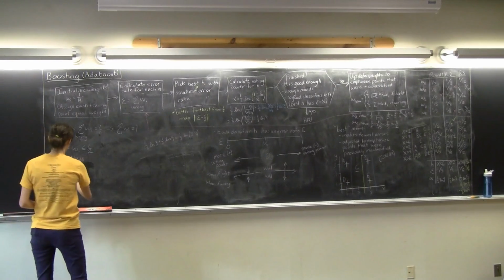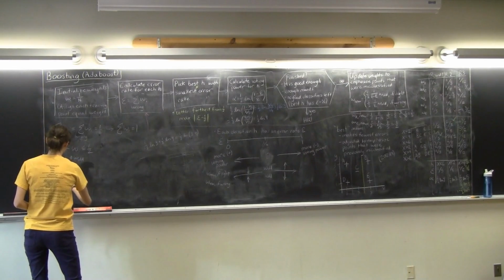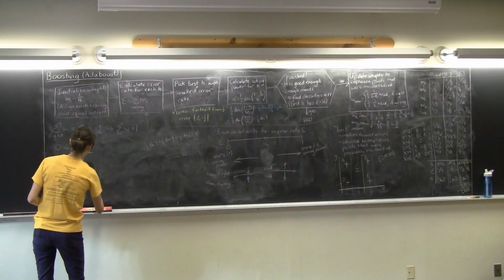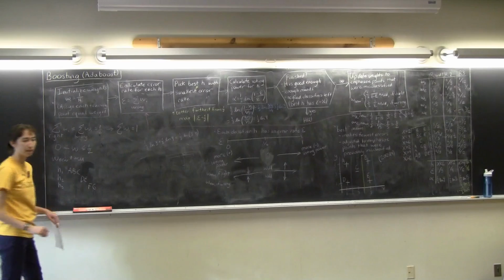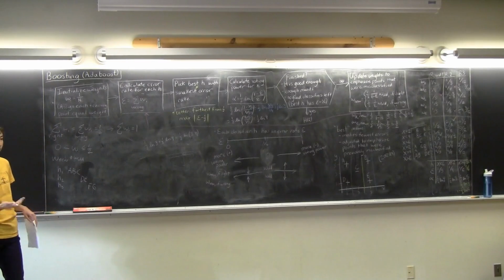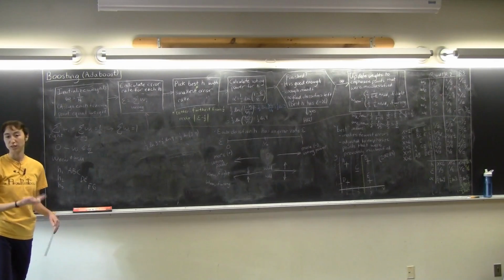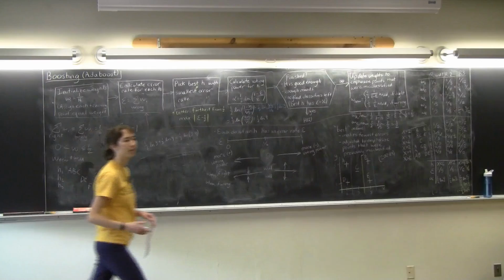So for example, if we had 3 classifiers, H1, H2, H3, and H1 misclassified A, B, C, H2 misclassified D and E, and H3 misclassified F and G, then it's definitely possible to just assign each of these equal voting power and you're guaranteed to get a perfect classifier.